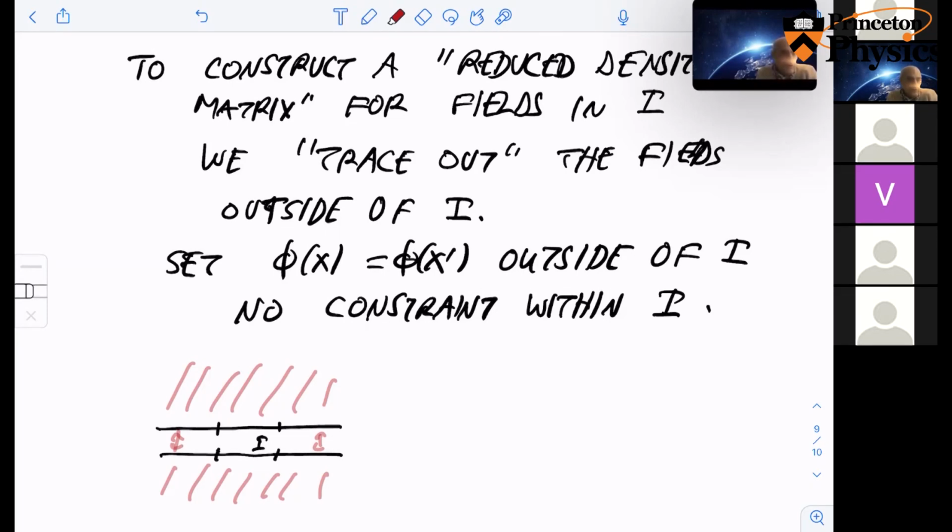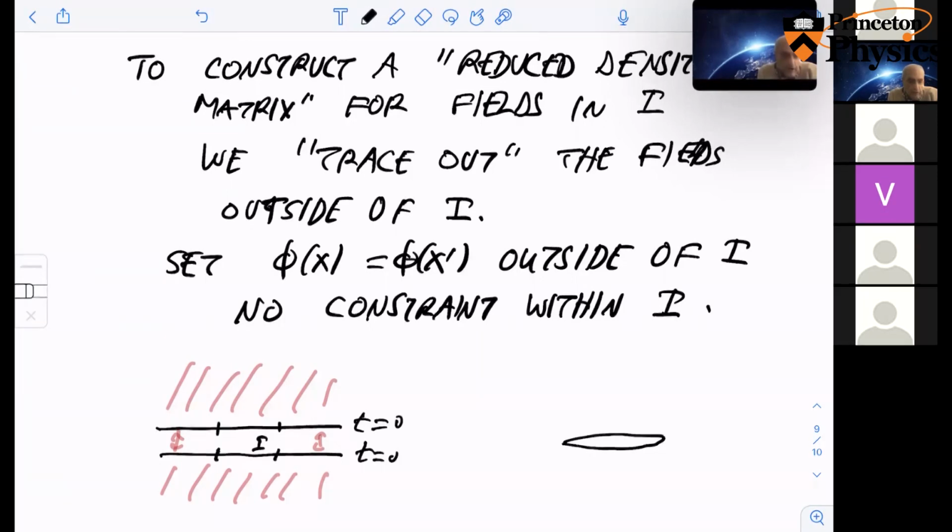The reason that I drew separately two copies of the time zero surface is that we were allowing different boundary values coming from above or coming from below. But to construct a density matrix only in region I, we want to allow separate values in the bra and ket only in region I, not in the region outside region I. So if I glue together the regions outside of region I, I'll get a picture that will look more like this one.